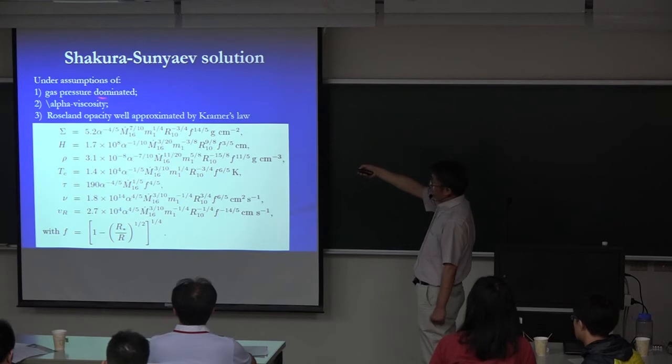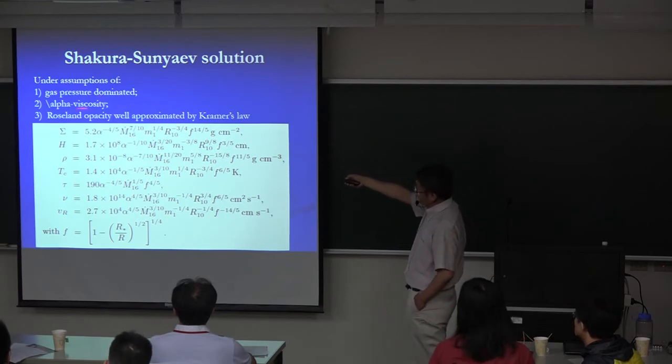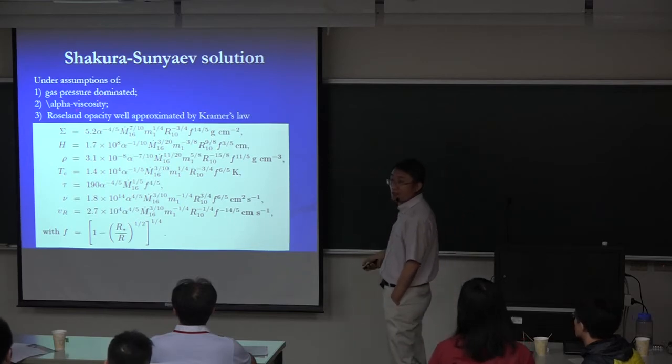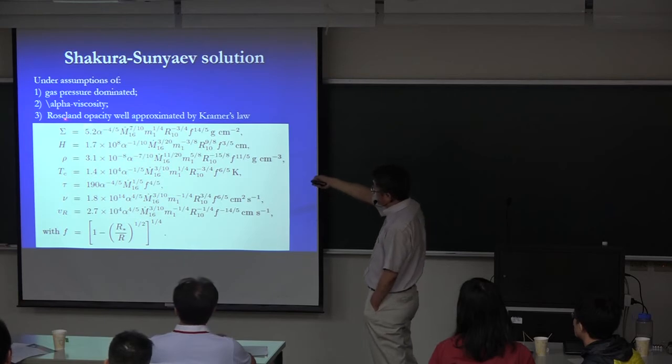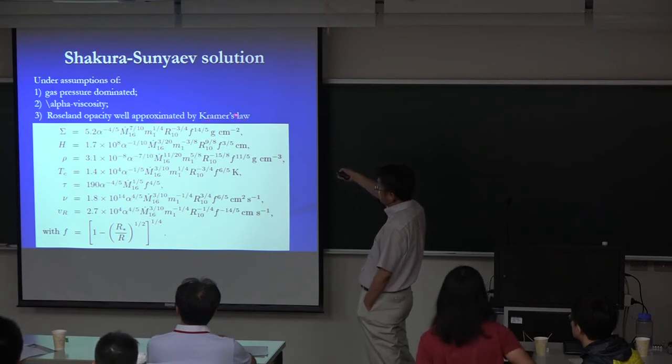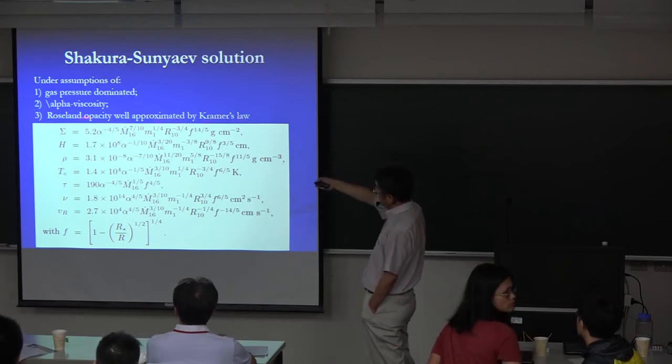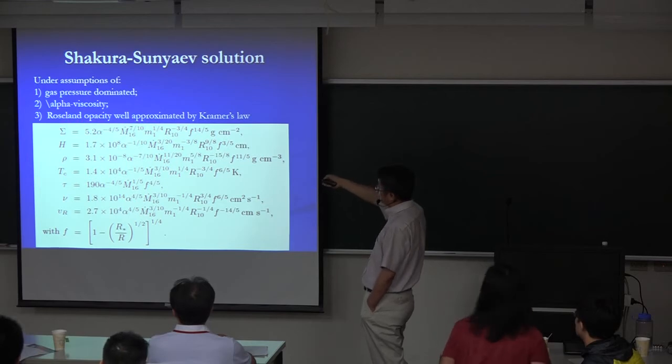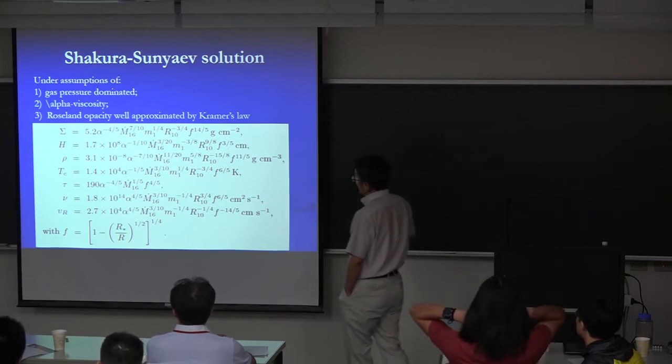We assume gas pressure dominated, we assume alpha viscosity, and we use Rosseland opacity approximated by Kramers' law. If you are not familiar, you can look at the textbook I mentioned.